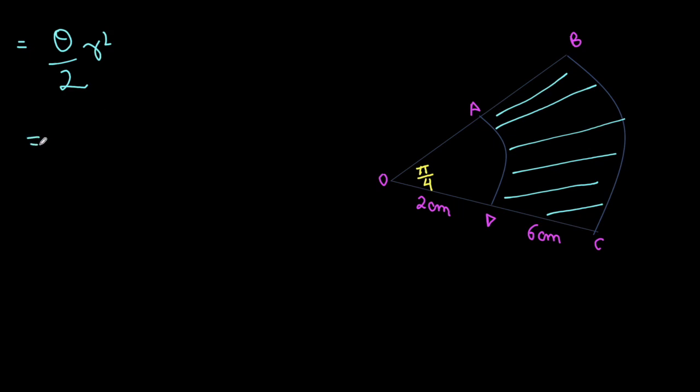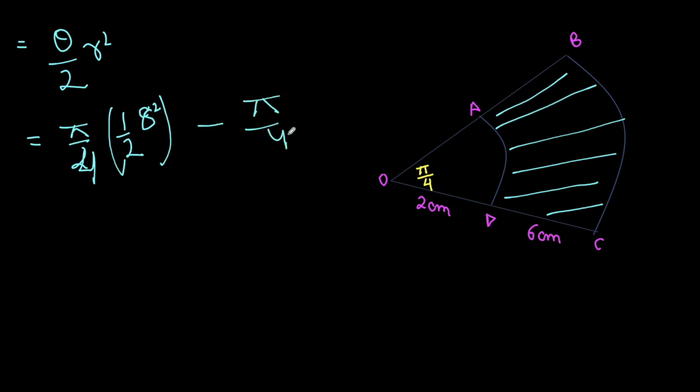So we can write pi over 4 times half r squared, so 8 squared. So this is the total area. Take away pi over 4 times half.